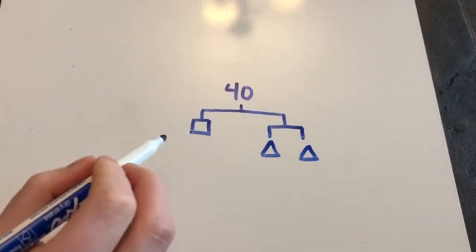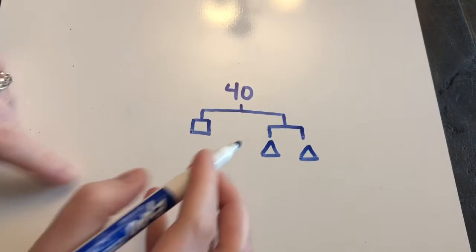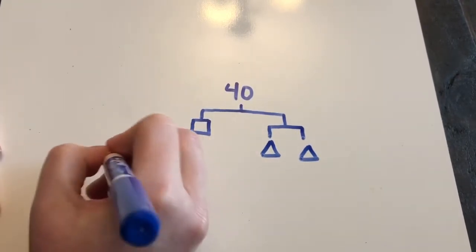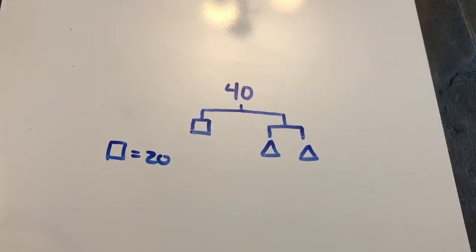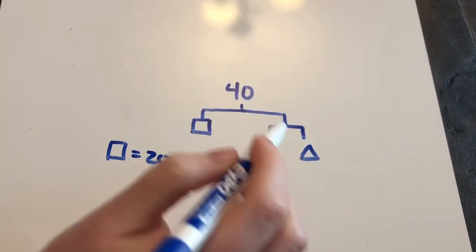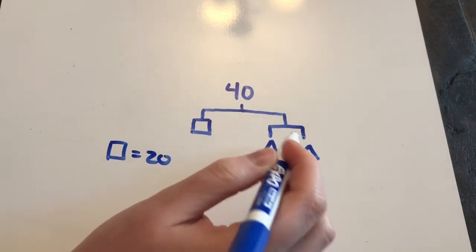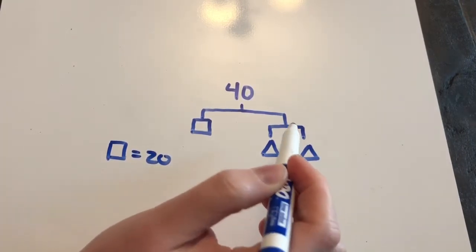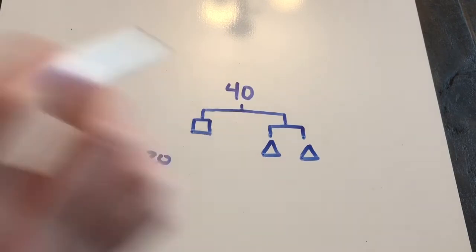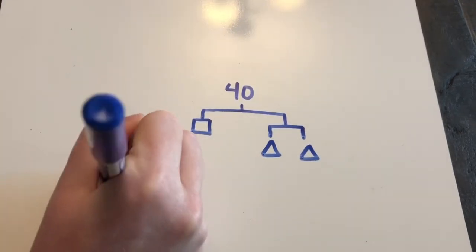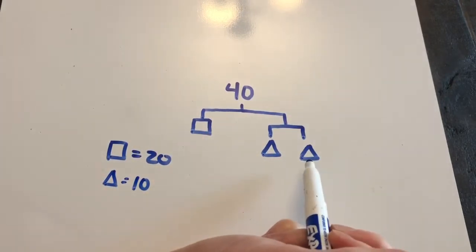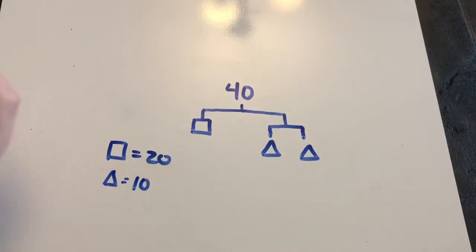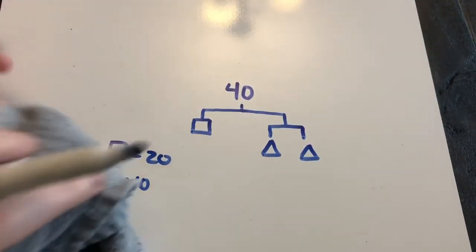So in order for this to balance, I know that this side has to be 20 and this side has to be 20. So right away I know that this square has to have a value of 20, because otherwise it won't balance. If this side has to have a value of 20, that would mean that each of these would need to have a value of 10. Because if I want this side to be 20 and these are two equal pieces, 10 plus 10 is going to give me 20. And again, you can make these as complicated as you want to.